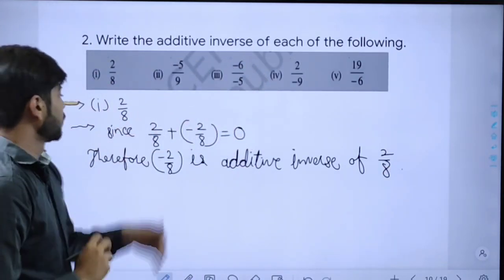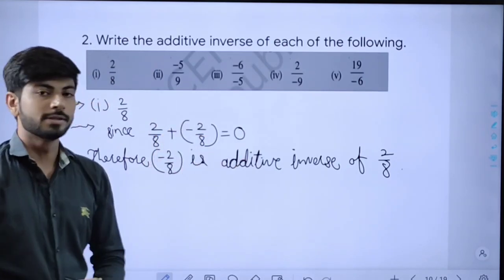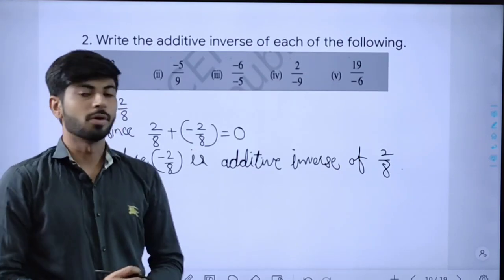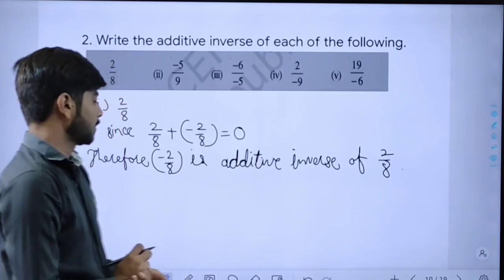Okay, because 2 upon 8 plus minus 2 upon 8 is 0, so minus 2 upon 8 is the additive inverse of 2 upon 8. Similarly, we will answer for the minus 5 upon 9.